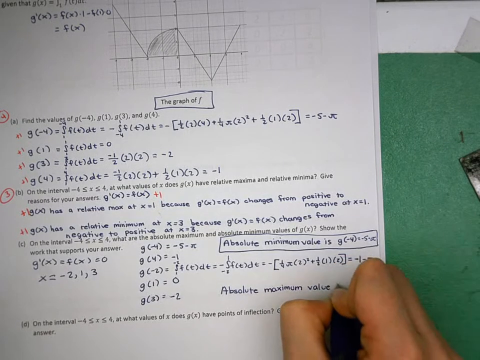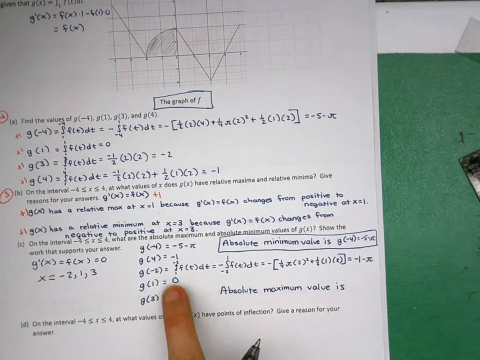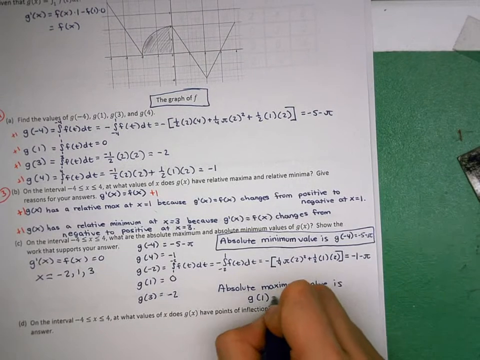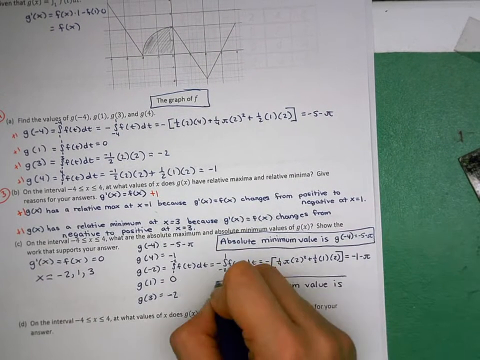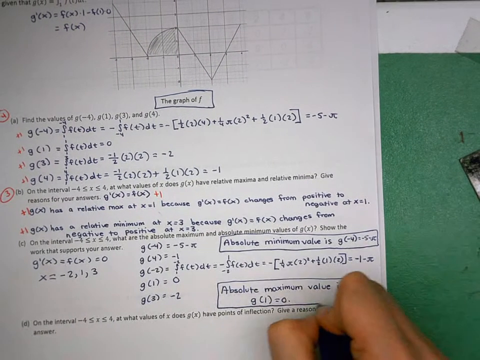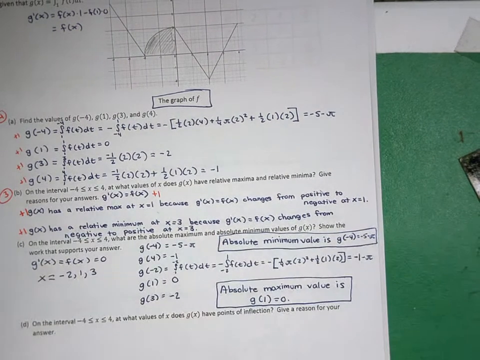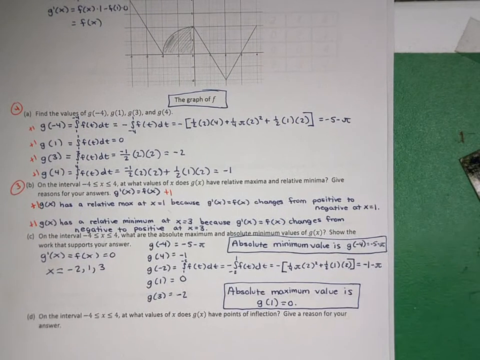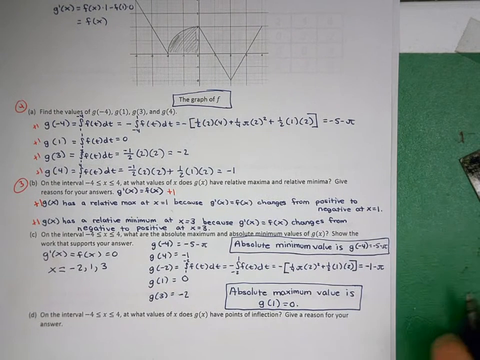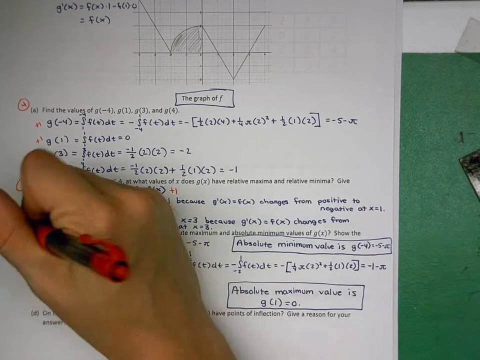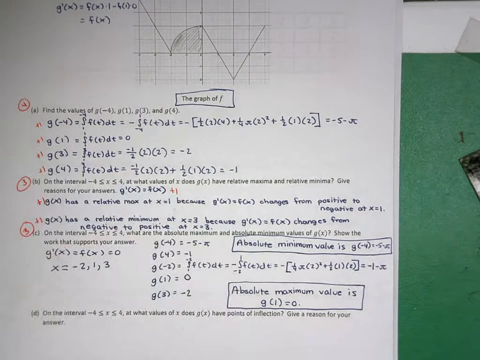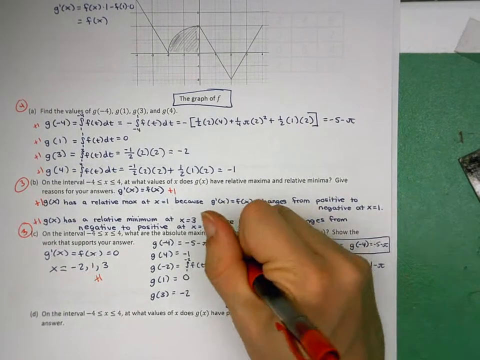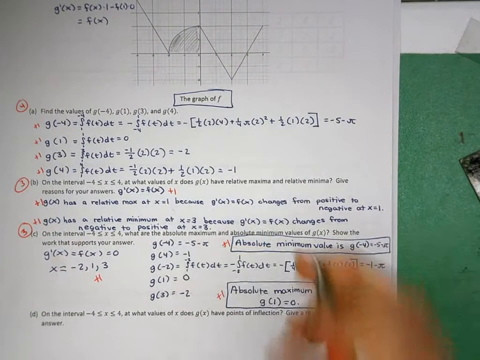Okay, well, our biggest value is here, 0. All the others are negative. Okay, this one was worth 3 points. 1 for identifying 1 and 3 as candidates, and then 1 for your absolute min, 1 for your absolute max.